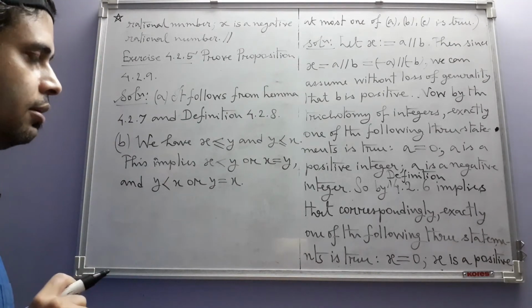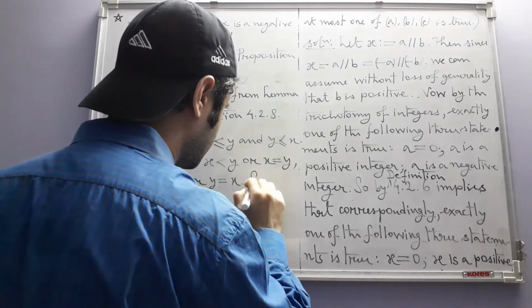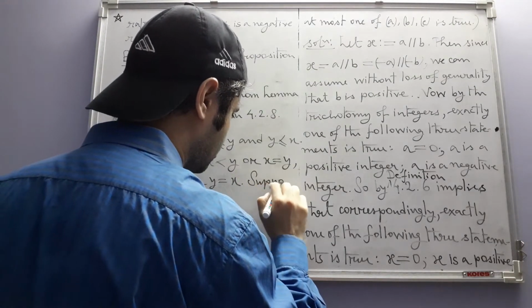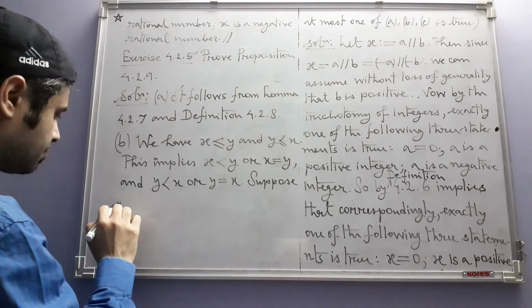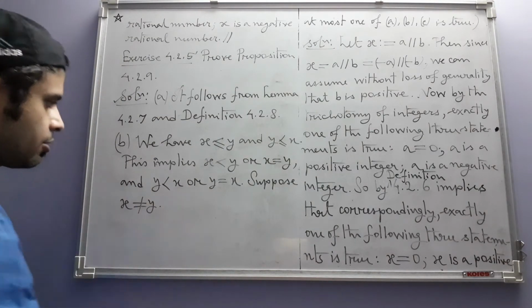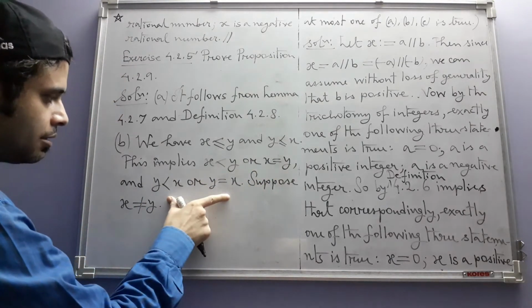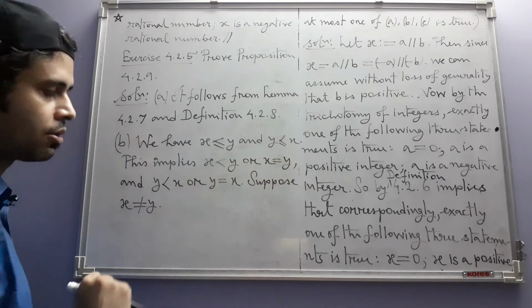To the contrary, let us suppose that x is not equal to y. That means in both of these statements, this part is not true.